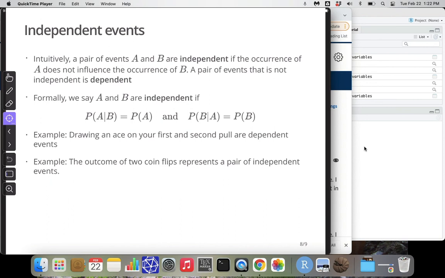If we want to formalize this mathematically, what that means is that if we know that B occurs, i.e., if we're investigating the probability of A given B, if they're independent, it shouldn't affect the probability of A occurring. So the occurrence of B has no influence on the probability of A. And similarly, we want the occurrence of A not to have any influence over the probability of B. So we say that the probability of B given A is the probability of B.